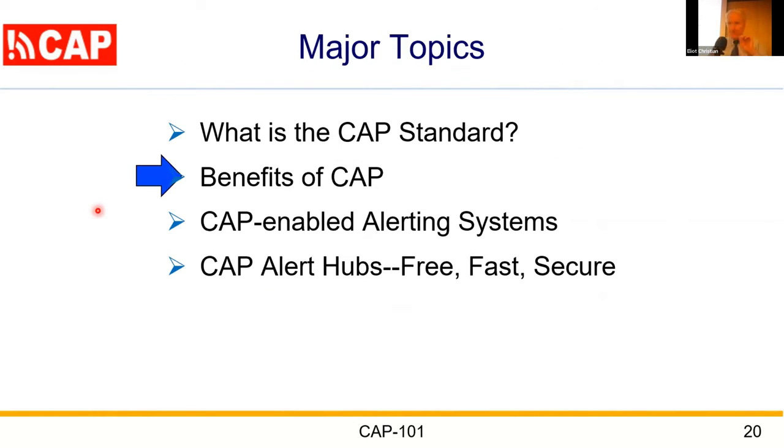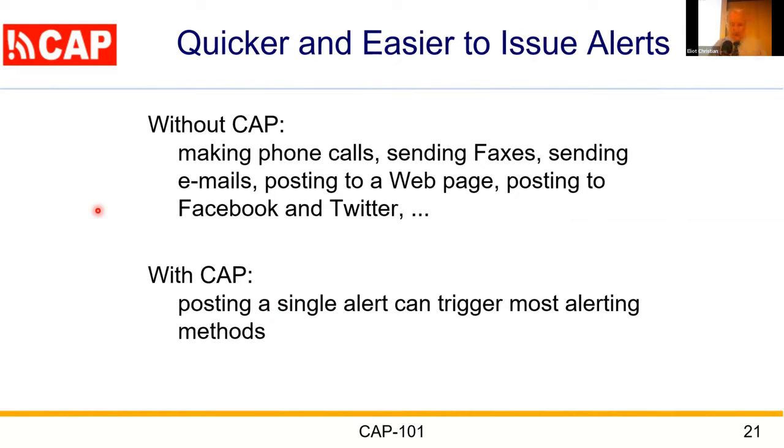So let me draw that out. Let me highlight some of the benefits of CAP. First, CAP makes it quicker and easier to issue alerts. Alerting authorities without CAP issue their alerts by making phone calls, sending faxes, sending emails, posting to web pages, posting to Facebook and Twitter, and so on.